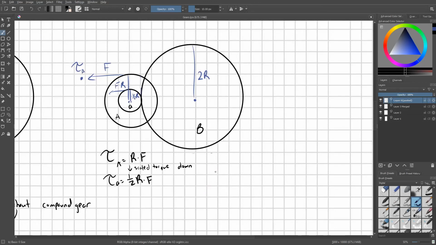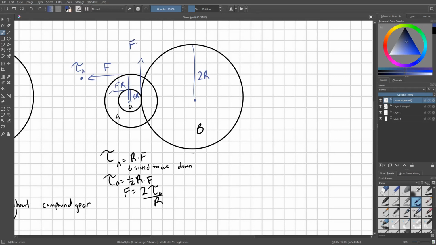And from here, we can solve for F, and we get that F equals 2TA over R. Right, that's another way that we can write this force that's going to be acting on B. And this is going to push into B like this.